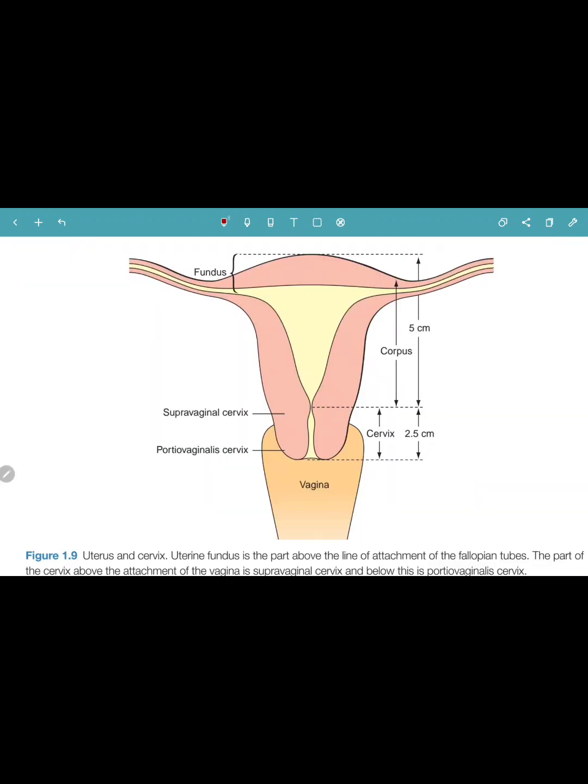In this figure you can see the uterus and your cervix. The uterus has a corpus, which is the body, as well as a cervix. This is your cervix. This is your dividing line, which separates the uterine corpus and the cervix, at the level of the internal os.